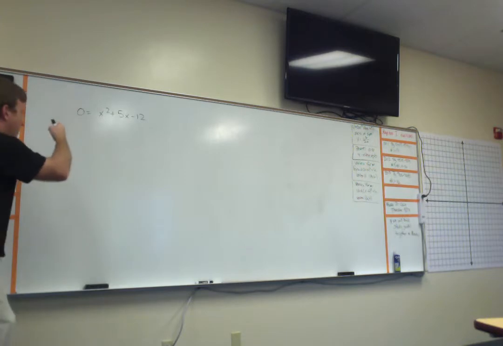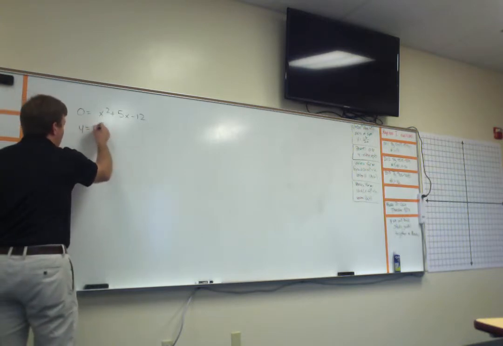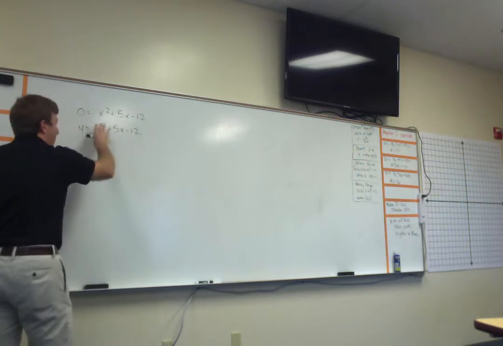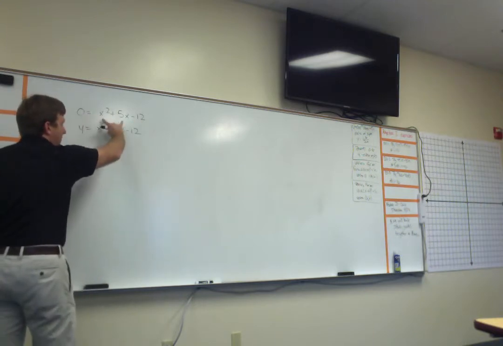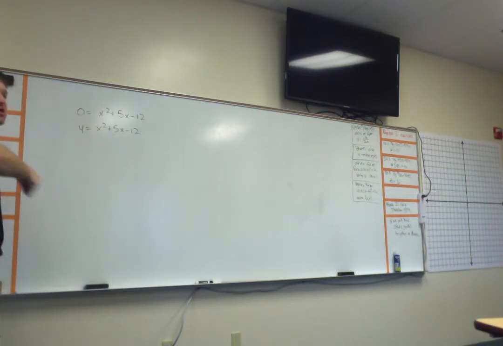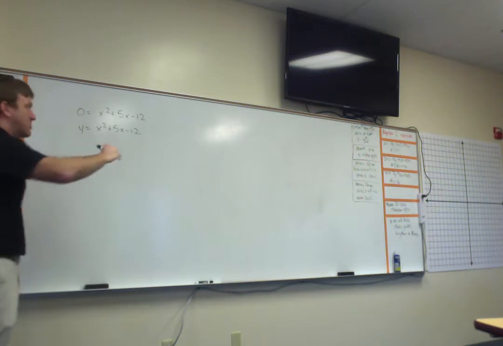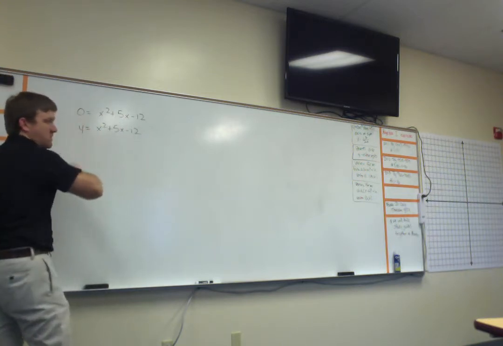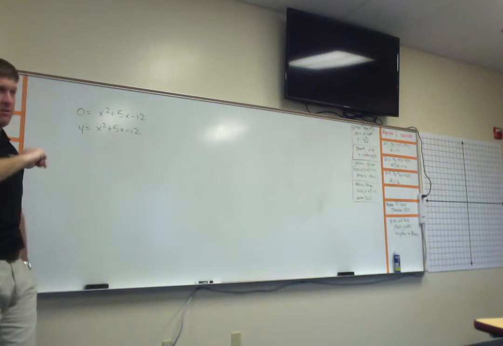And that's where we would say, okay, we're going to call this y equals x squared plus 5x minus 12, and find the values of x that make this equal 0 by graphing it. So we're solving by graphing and finding where it equals 0. Everybody follow what I'm saying so far?